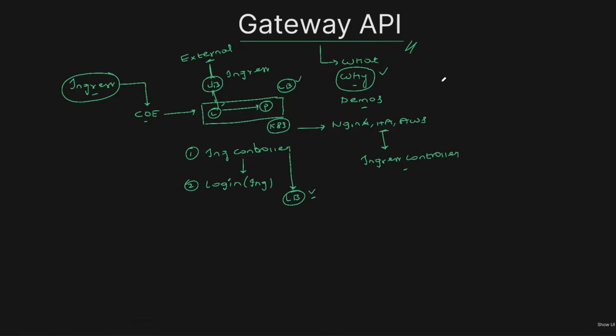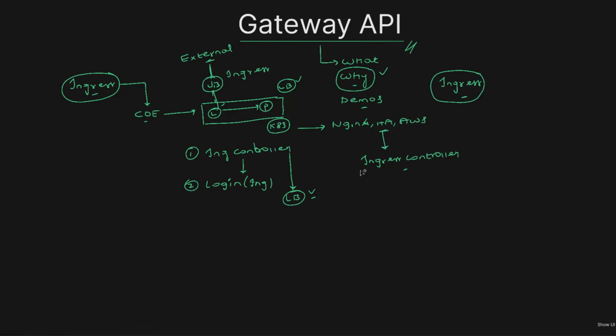This is how Kubernetes solved the problem with north-south traffic. So it used the concept of Ingress. Now this was a magic bullet at that point of time because now Kubernetes was able to solve east-west traffic and north-south traffic as well.